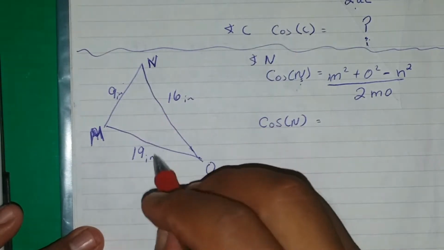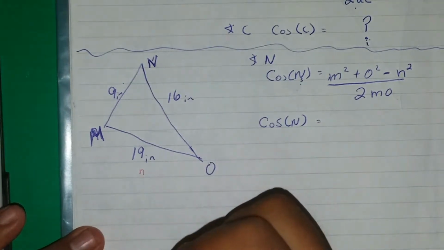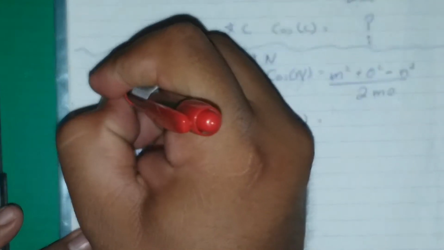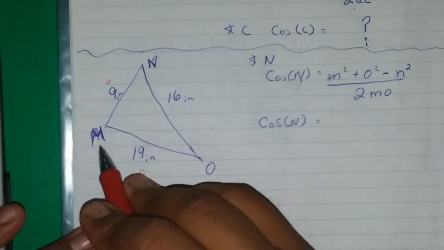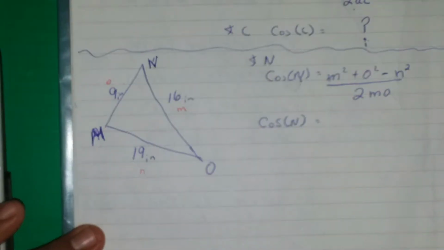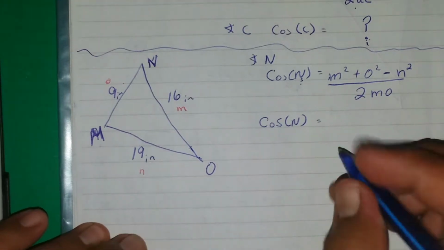Angle N, this is side N. Angle O, so this is going to be side O. Angle M, so that's going to be side M. Okay, and then let's replace.